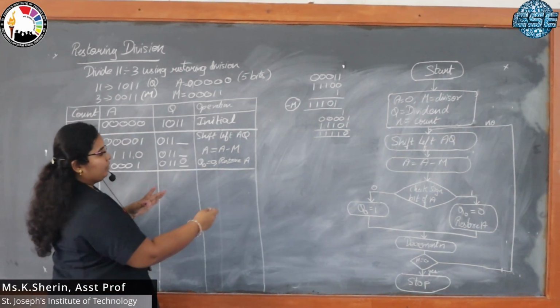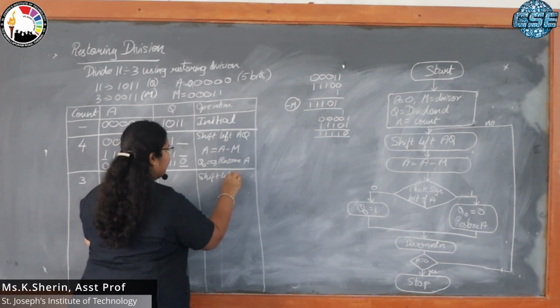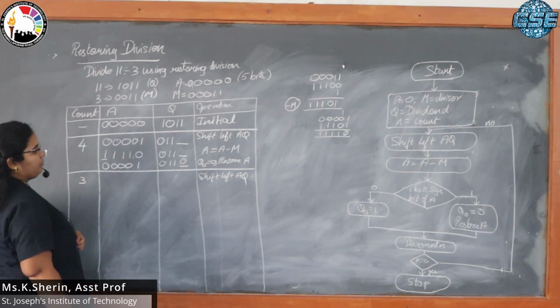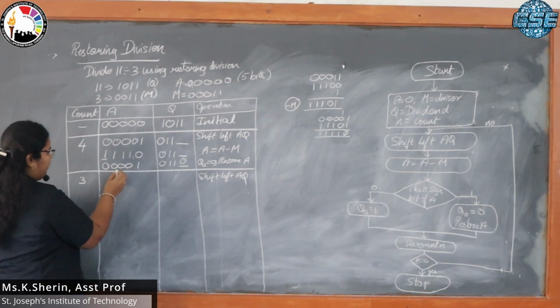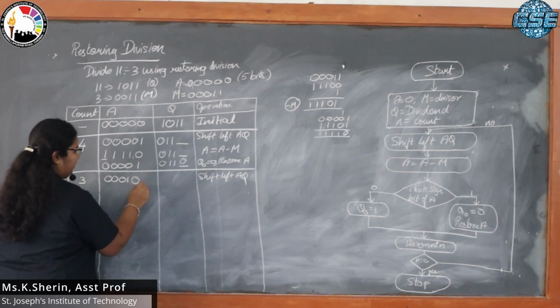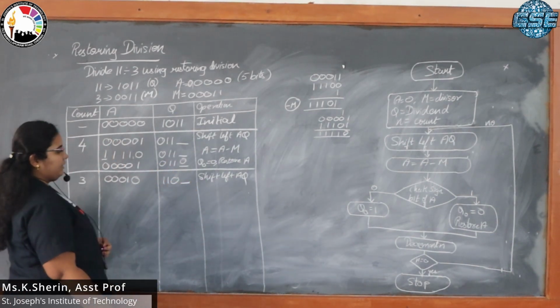Next is your shift left of AQ. So again in shift left of AQ, I'm shifting it out. It is written as 00010 and again 110, with a blank over here.